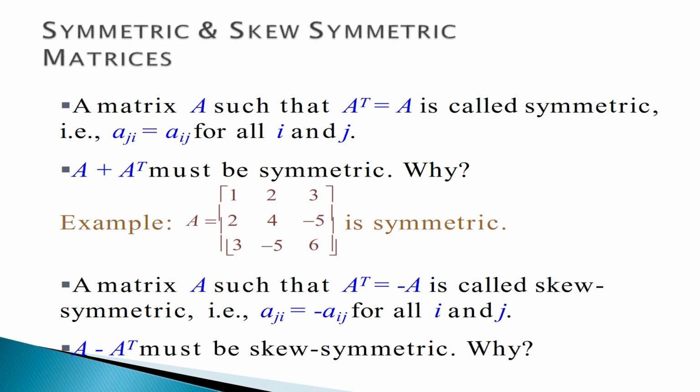What is a skew symmetric matrix? A matrix A is said to be skew symmetric if A transpose is equal to minus A. That means a j i is equal to minus a i j. A minus A transpose must always be skew symmetric.